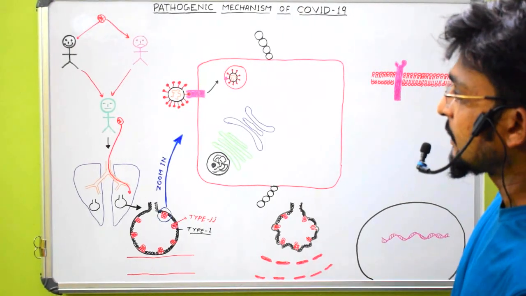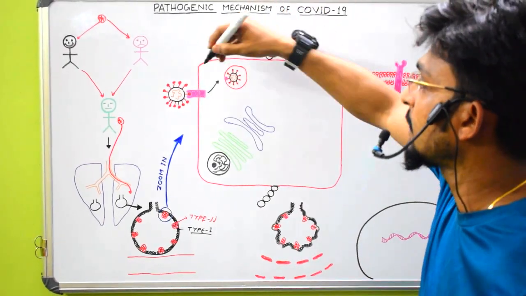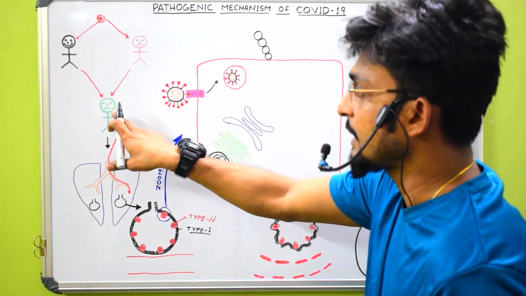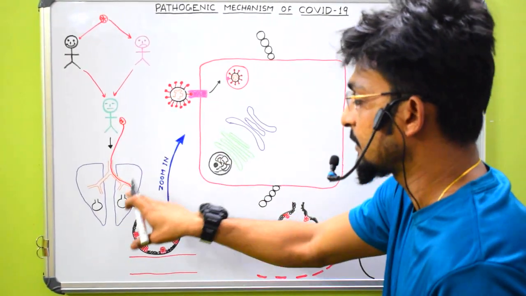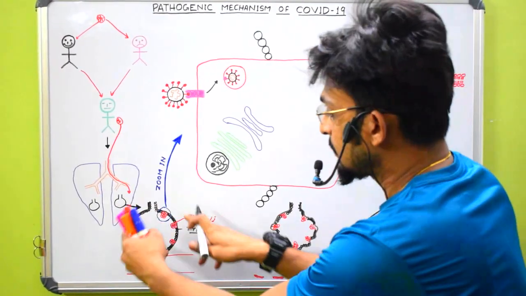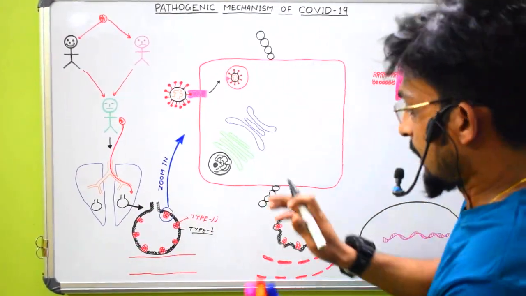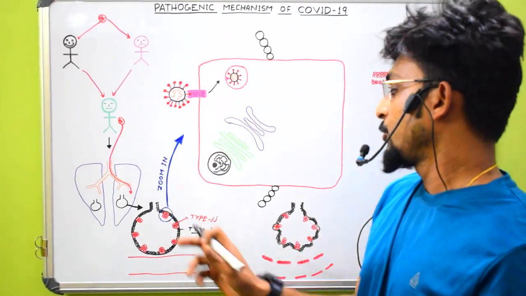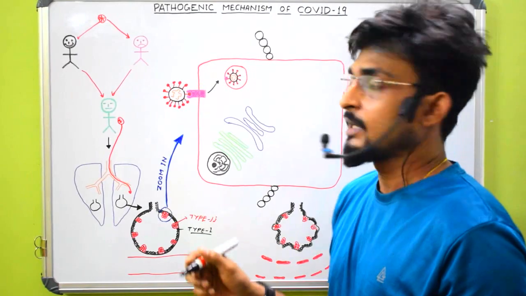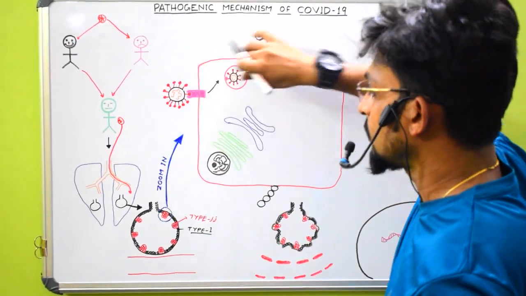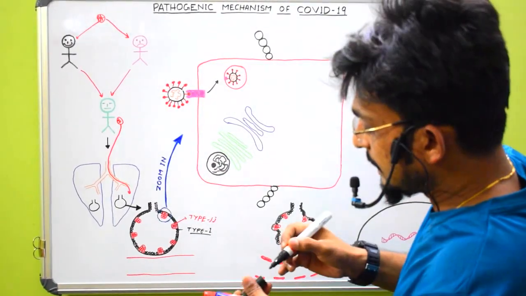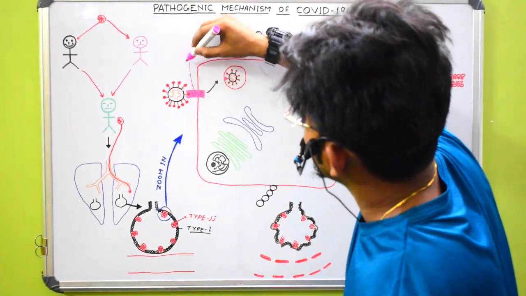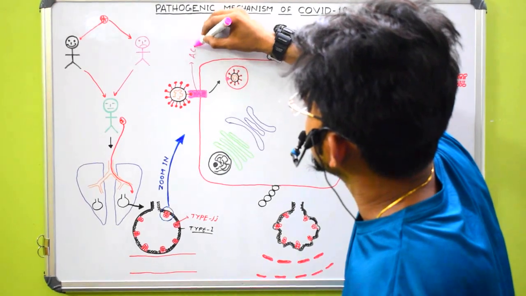This is the virus, present inside this person and infecting the lungs, and inside the lungs it is attacking the alveolus. The virus will infect the type 2 pneumocyte cell with its spike protein, and a particular receptor on this cell is known as the ACE2 receptor.